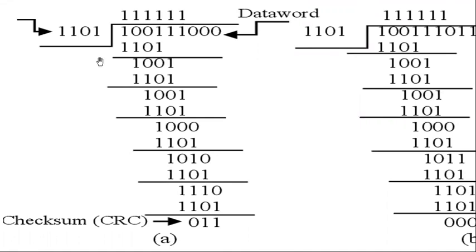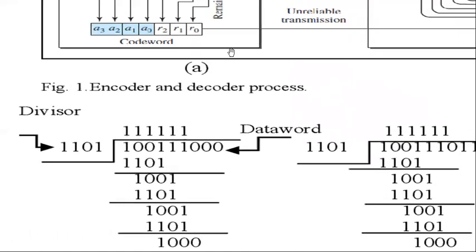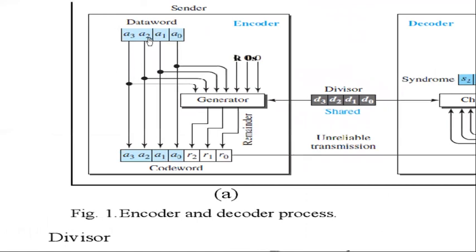In the encoder, the data word has k bits and the code word has n bits, so the total is 7, right? What is the size of the data word? We add the remainder bits, that is 3 over here. So here we have 4 bits, and in total we are adding 3 zeros. That is, we are augmenting or adding 3 zeros to the right hand side of the word.